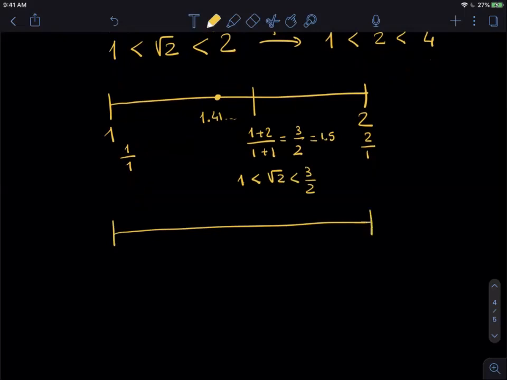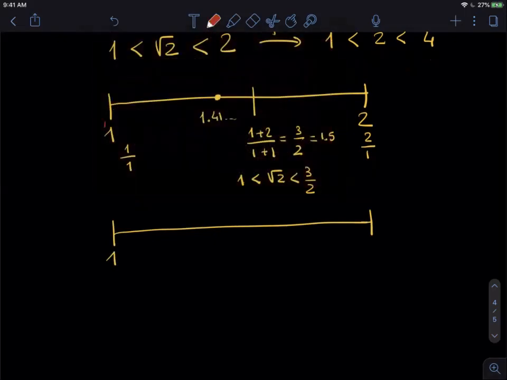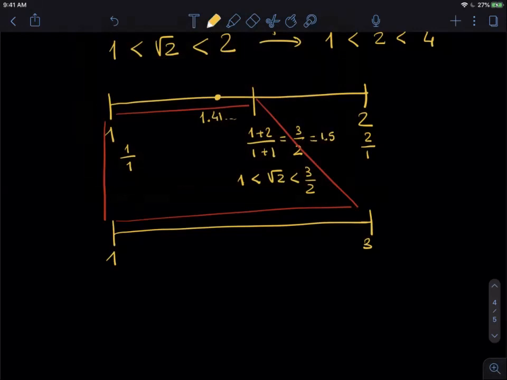What we are going to do now is zoom in on this piece over here, and what we are going to get is the segment 1 to 3 halves, okay?